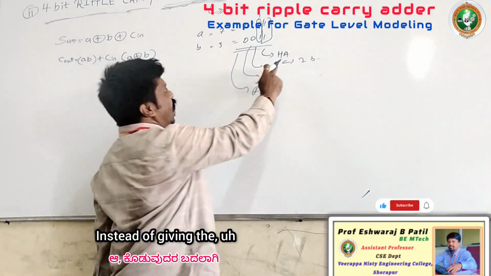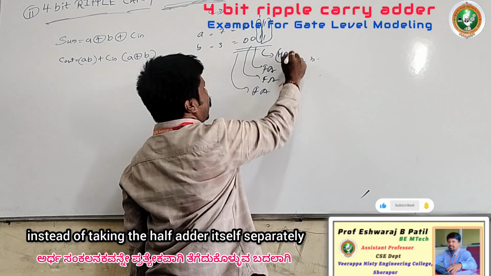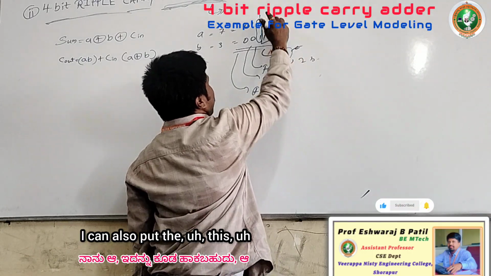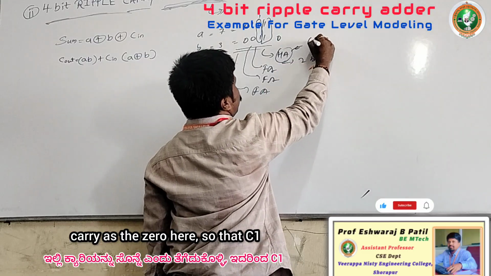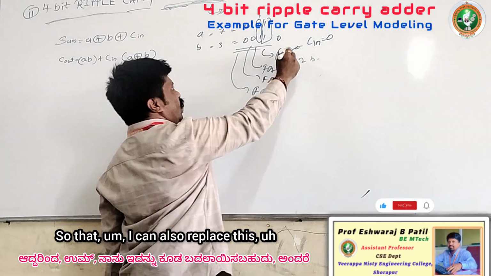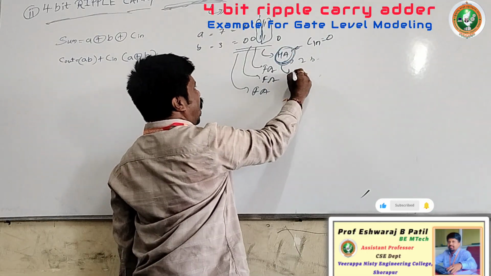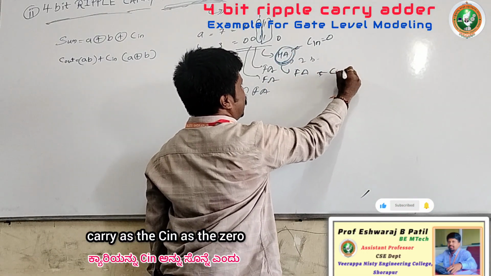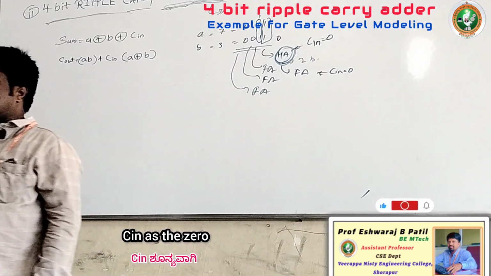Instead of taking the half adder separately, I can also put the carry Cin as 0 here, so that I can replace this half adder with a full adder with Cin as 0.